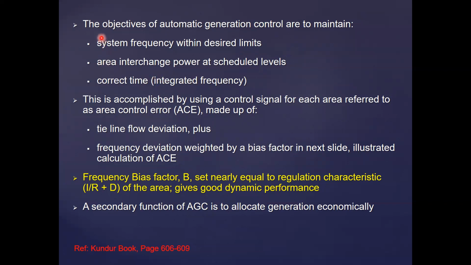And thus, with these objectives in mind, we will formulate a control law, sometimes we call it area control error. So we design a control signal for each area with a control law given as area control error.